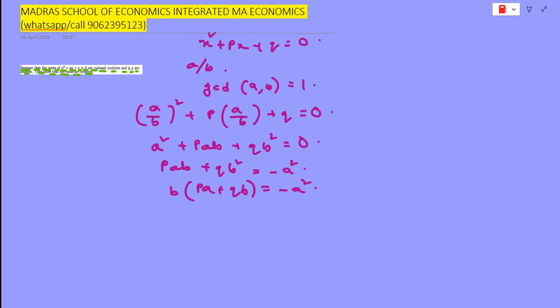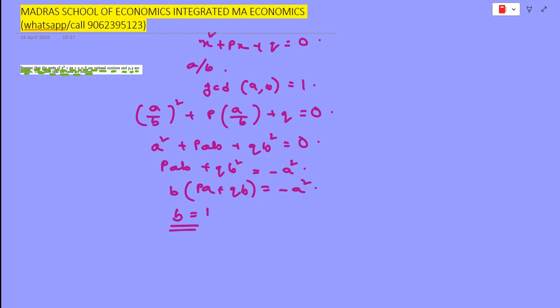Now if b times some integer equals minus of a square, then b must divide a square, right? But we said at the start that a and b have no common factors. So if b does not share any factors with a, there is no way on earth it can share factors with a square unless b equal to 1.